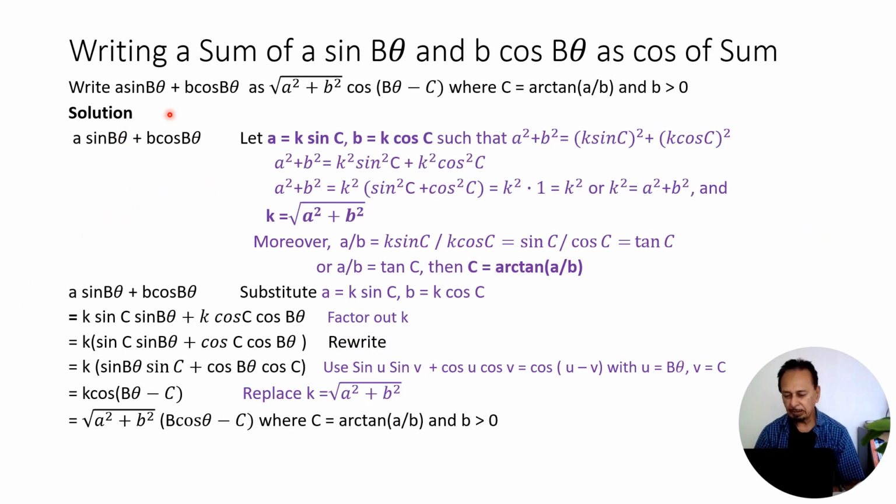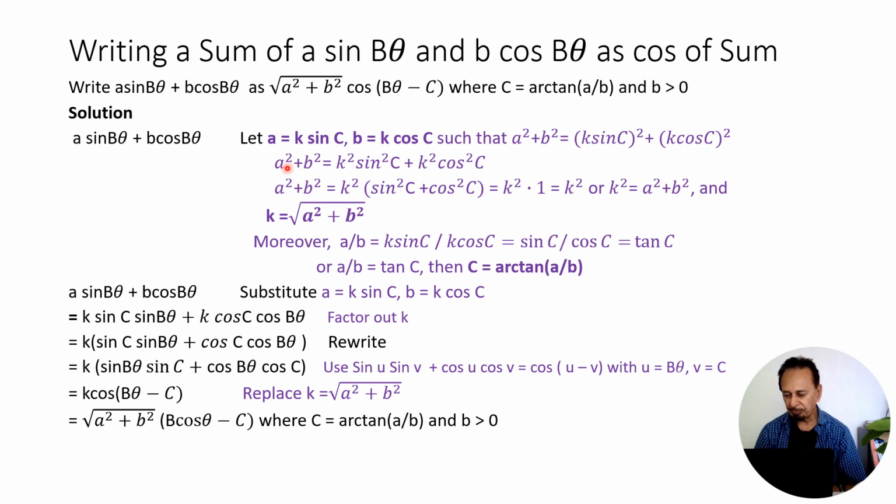So now we're going to write a sine b theta plus b cosine b theta as square root of a squared plus b squared cosine b theta minus c, where c equals arctangent a over b and b is greater than 0. So let a equal k sine c and b equal k cosine c.